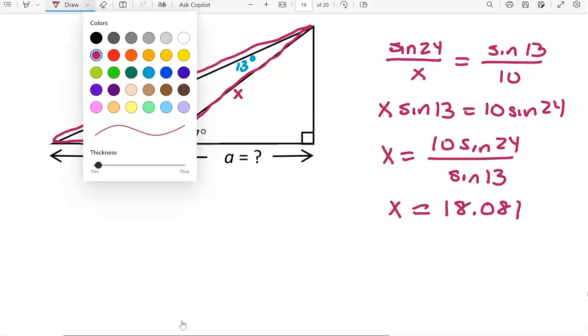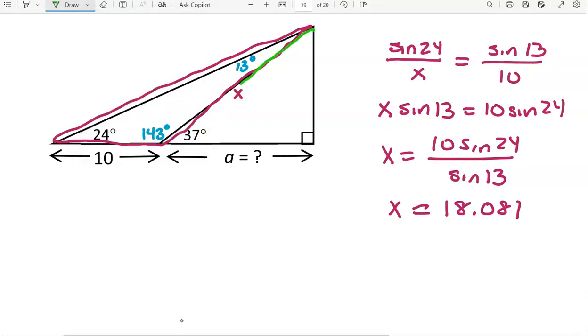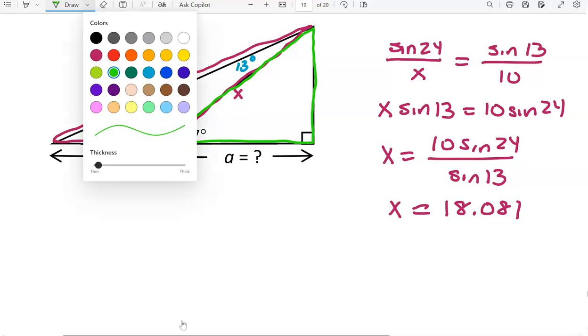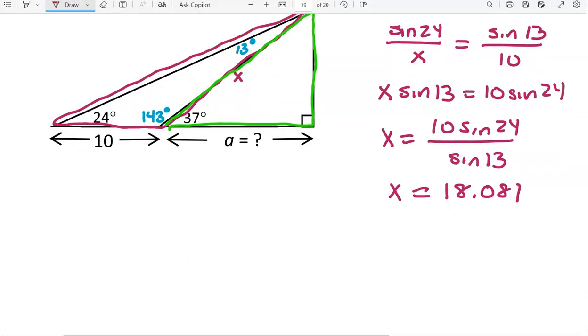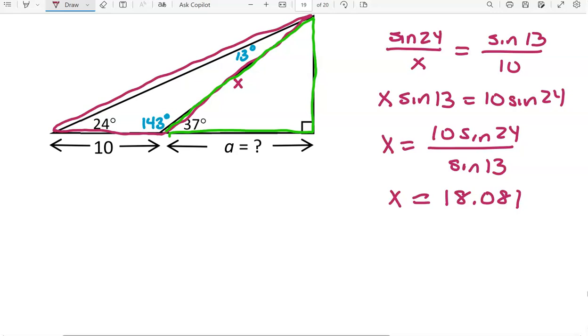Now let's take a look at the other triangle in the picture, which is this right triangle sitting right here. And when we have a right triangle, you can easily use SOHCAHTOA to find missing sides and angles. So if we use SOHCAHTOA and realize that we now have the value of x, which is 18.081, that we now have the hypotenuse of that triangle, and side A that we're looking for is the adjacent side.